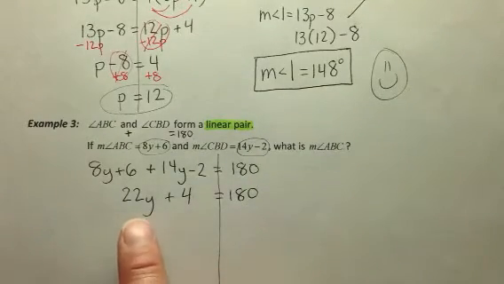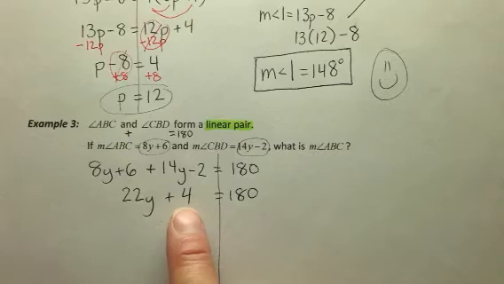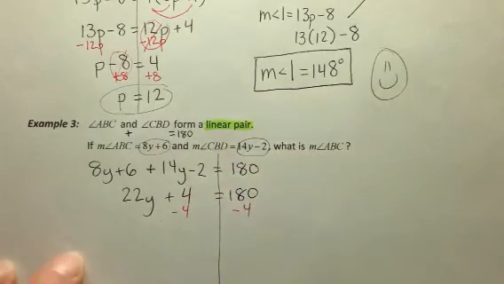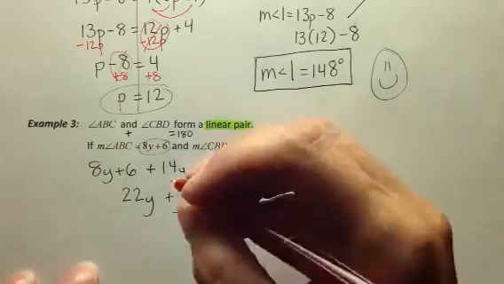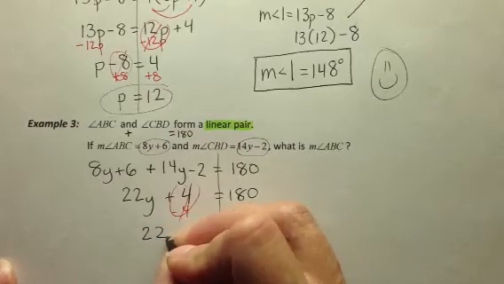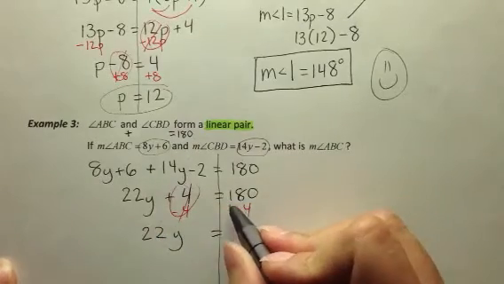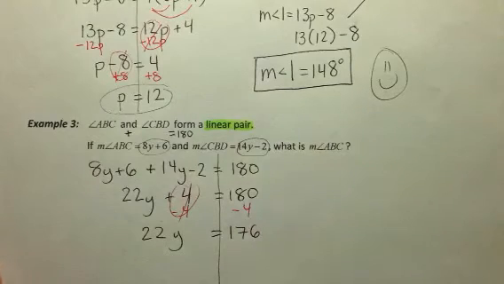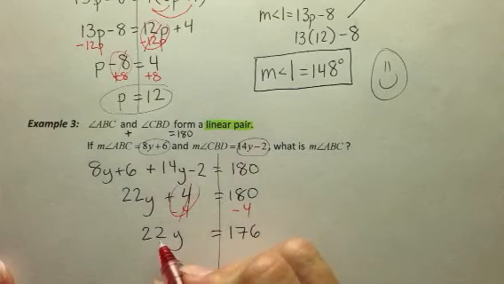Okay, I only have one variable term on the left, so I'm going to go ahead and move the 4 by using the subtraction property of equality. I'm going to do it to both sides. This cancels out to make 0. So I have 22y equals 180 minus 4 is 176. My last step here is to undo this multiplication.